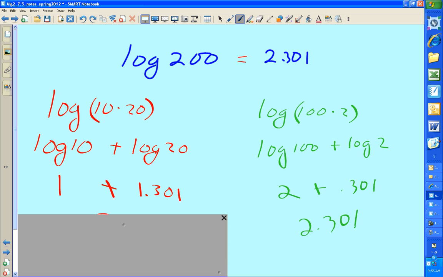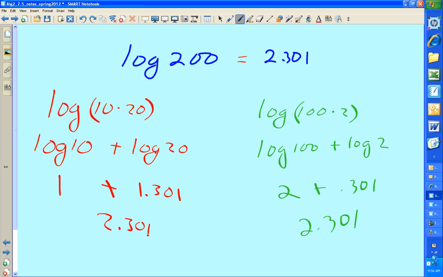Use your calculator. It should be 1.301. When you add them, again, 2.301. These are exponents, the 1 and the 1.301. Product property becomes the sum of the powers. It's easy to mess it up if you don't keep it roughly straight. The most common one is to multiply them. Log of 10 times log of 20. Not one word.